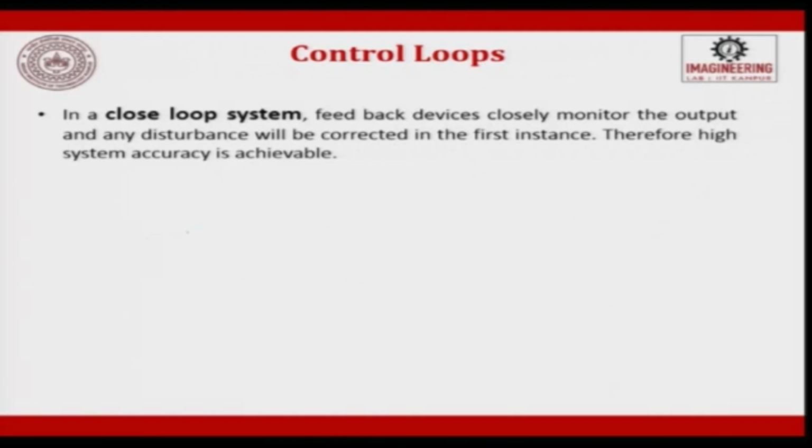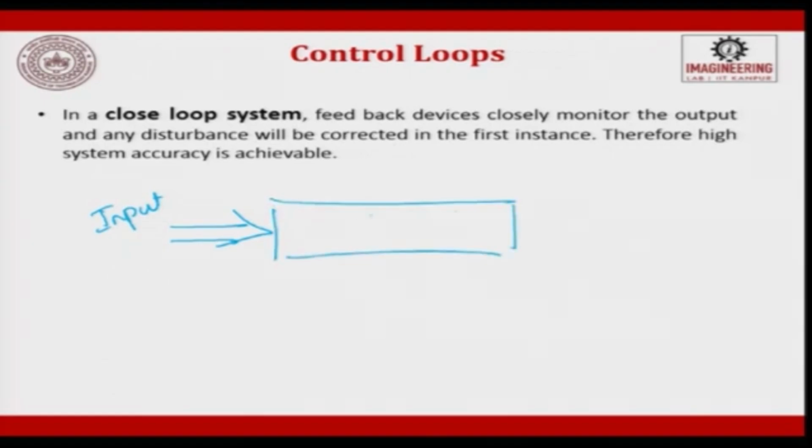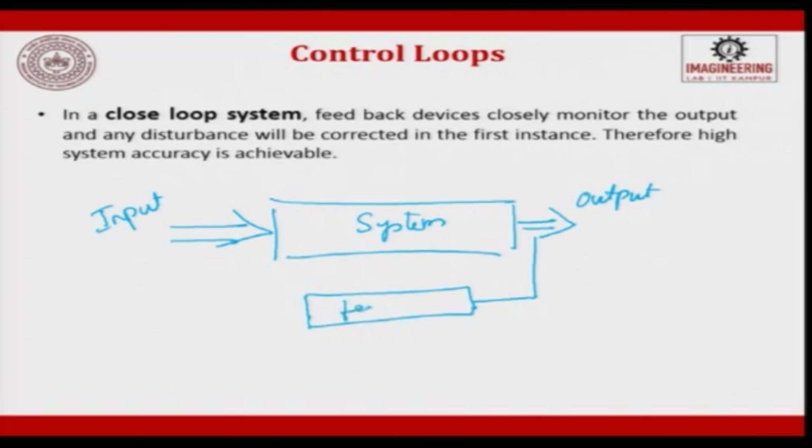If you look into the block diagram, it will be input, you will have a system, you will have an output. Okay. So, from here we will have a feedback, okay, and this is attached to the input.